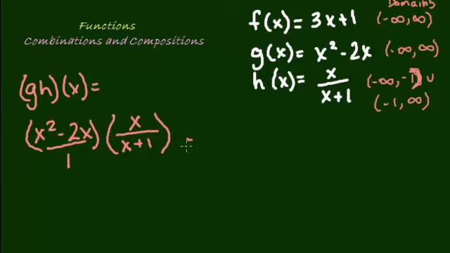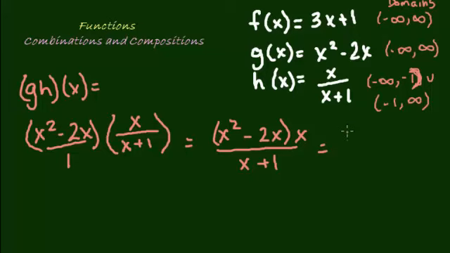Multiplying these two fractions, I will end up with x squared minus 2x quantity times x all over x plus 1. I'm probably going to take out this other x here just so I can see if anything might cancel. Don't think so.